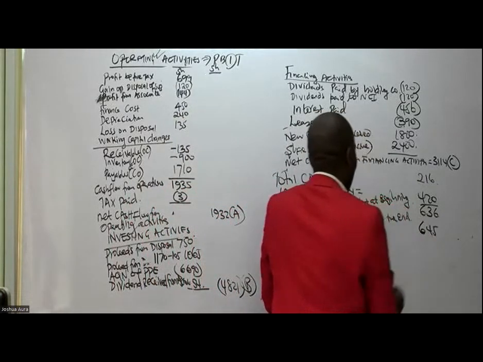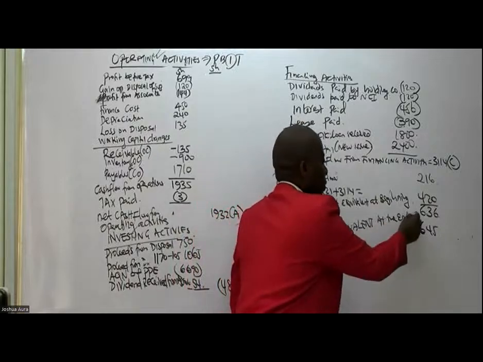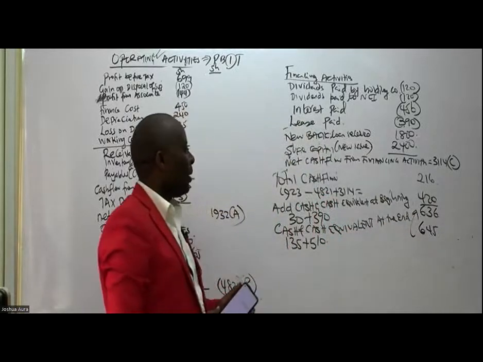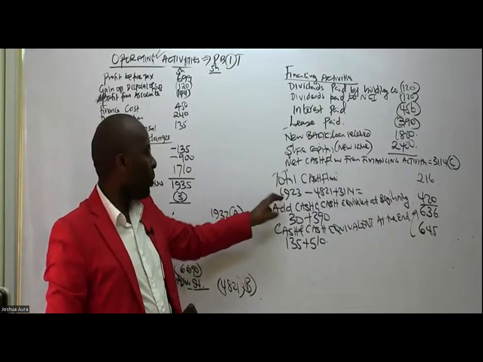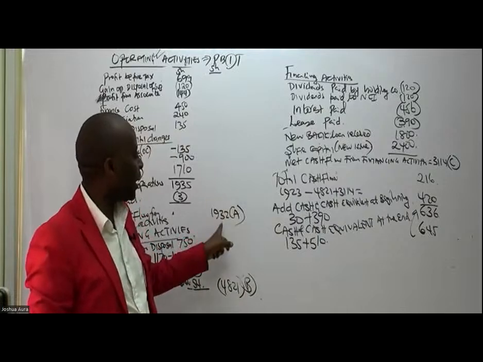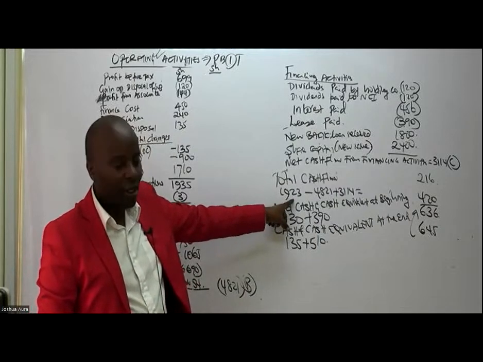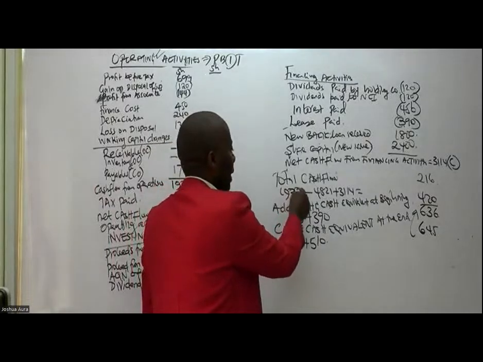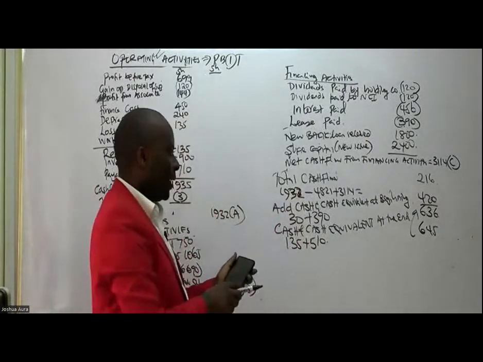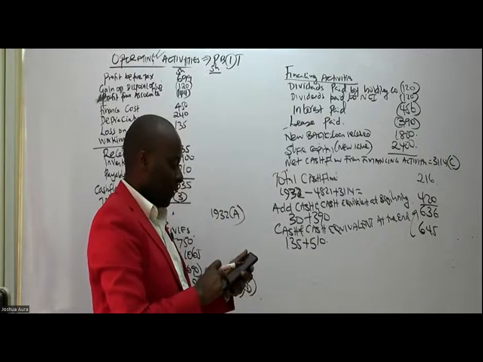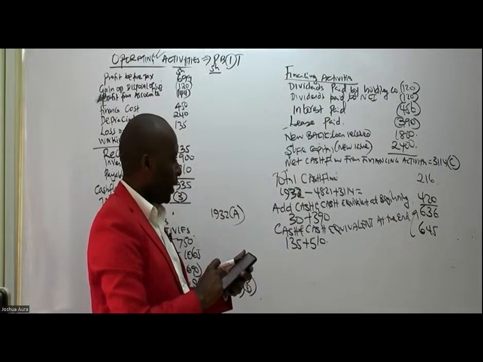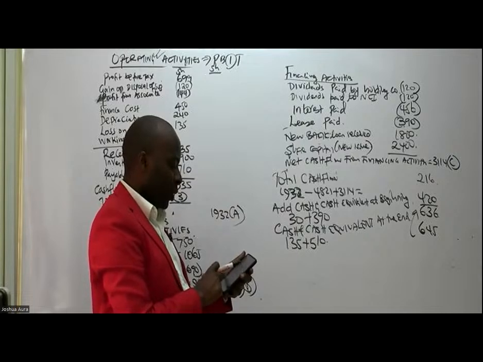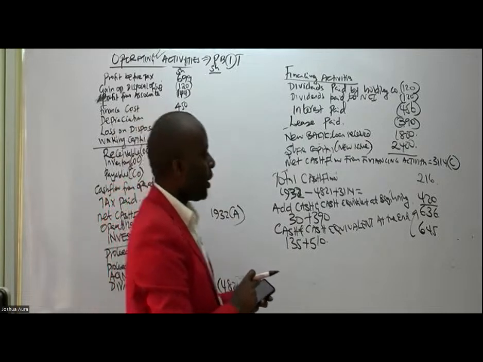Because this figure should tally with this. So please try here. Remember to get total cash flow, we are taking component A, which is supposed to be 1932. Look at this, I have 1923. It's supposed to be 1932. Repeat there. 1932 minus 4821 plus 3114, which gives me 225.